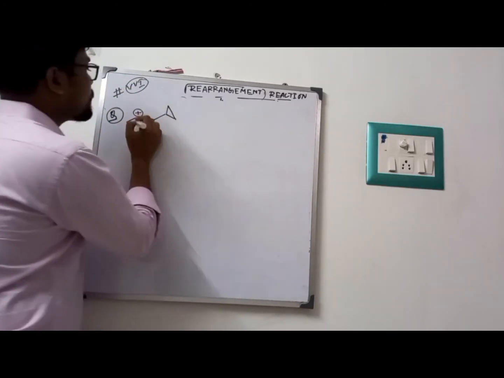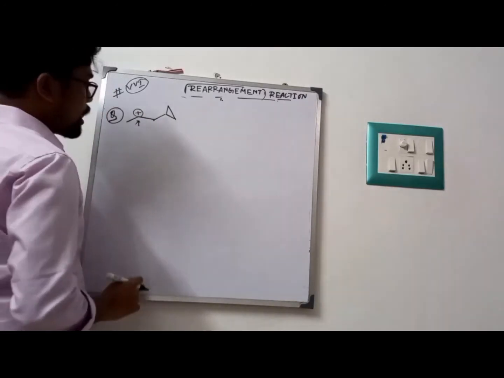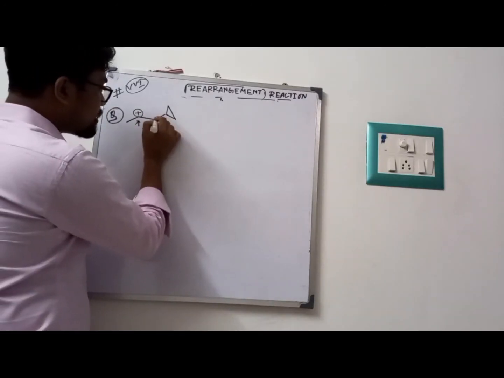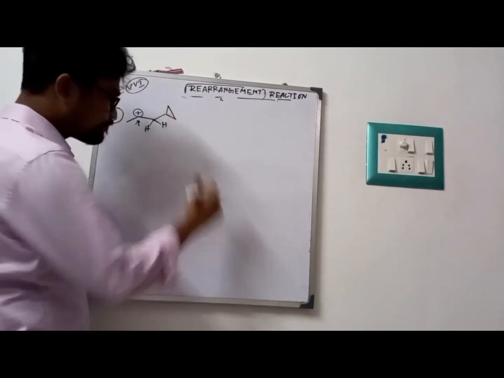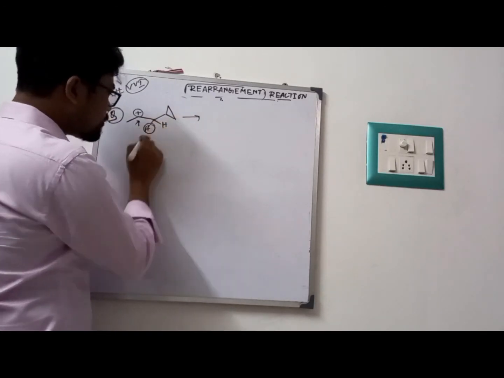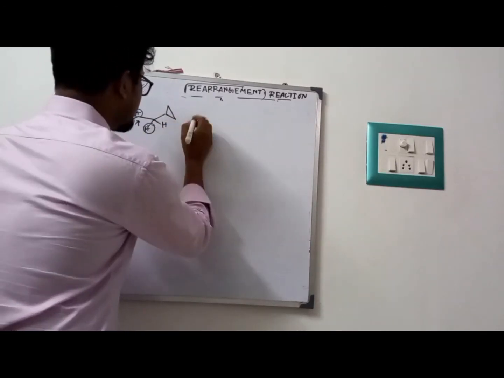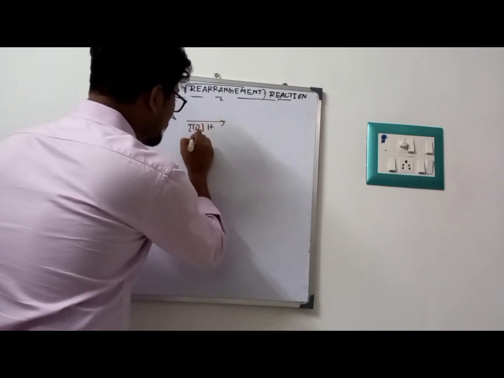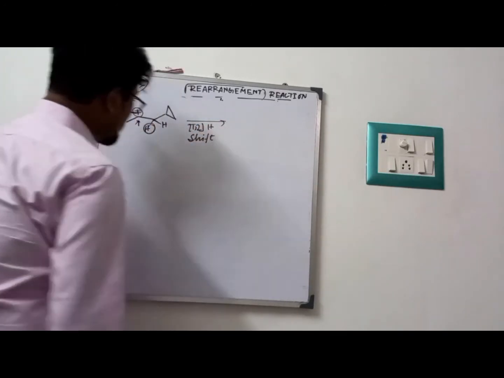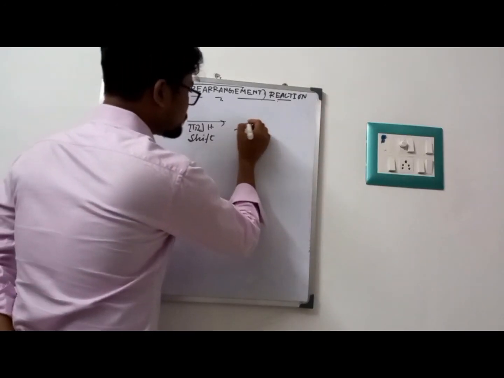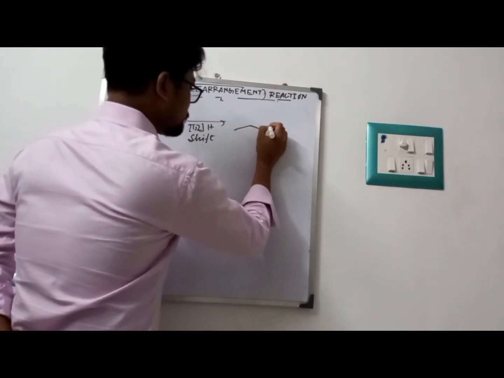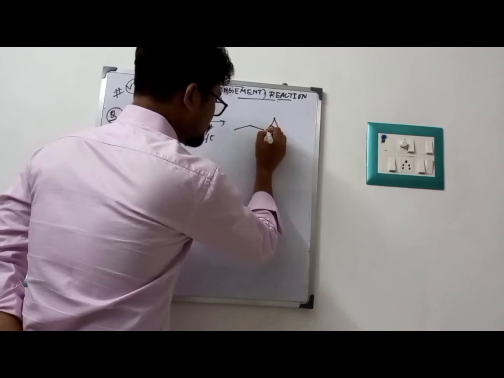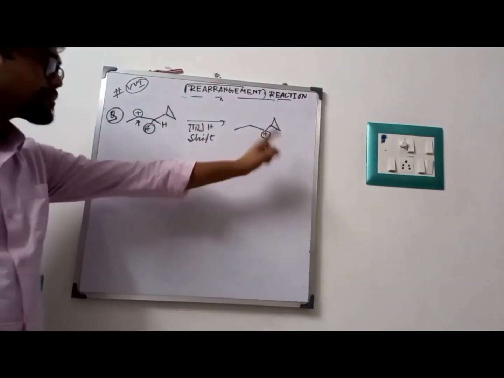Okay, fine. Now this is a carbocation. Now what happened? There are 2 hydrogens present. After the rearrangement, a 1,2 hydride shift. What happened? This carbocation will form.